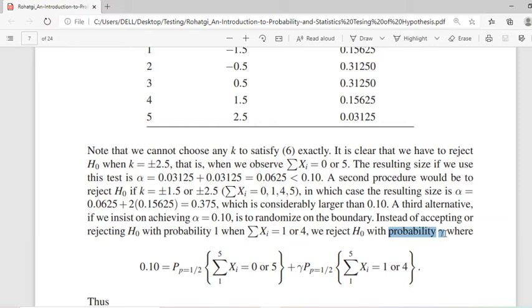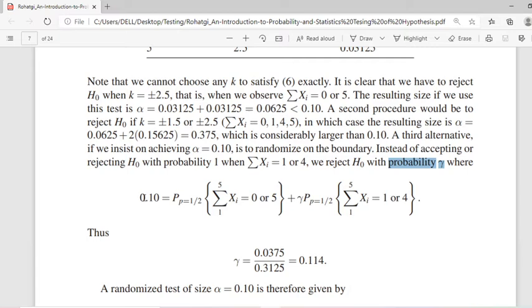What is the partial rejection probability? That is gamma. How can we find out the gamma value?